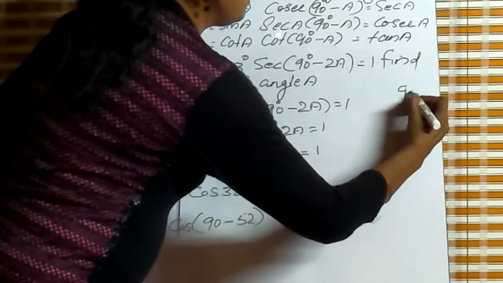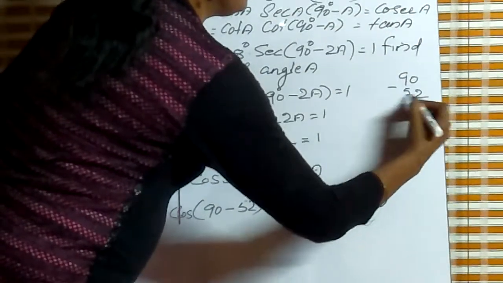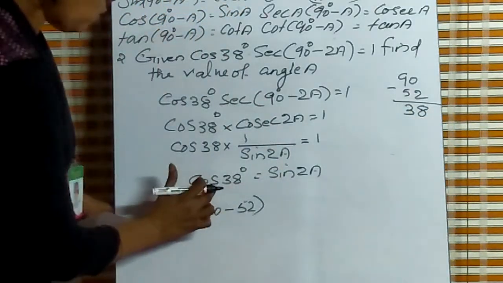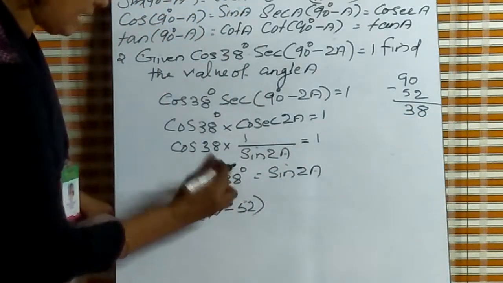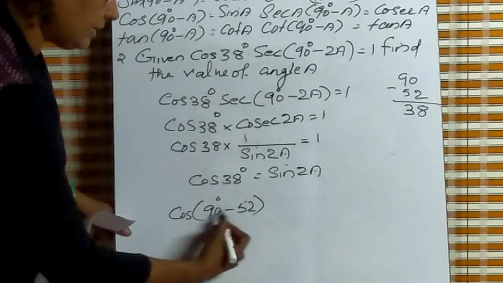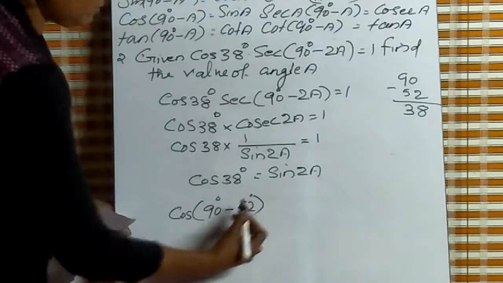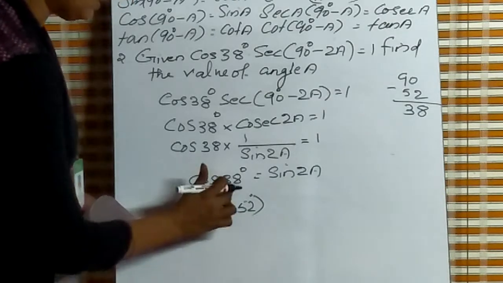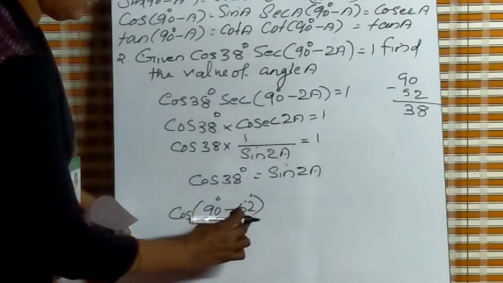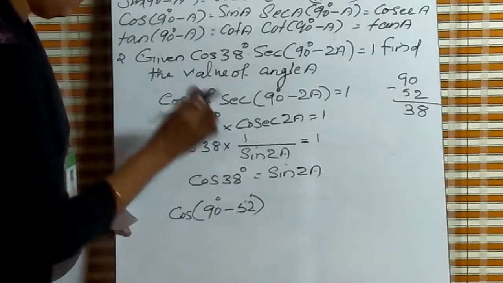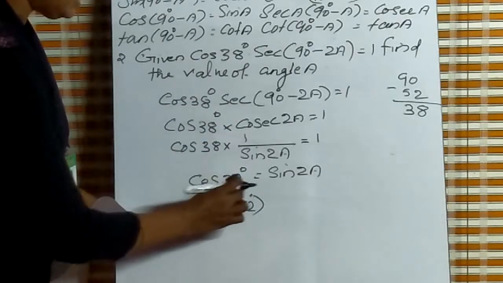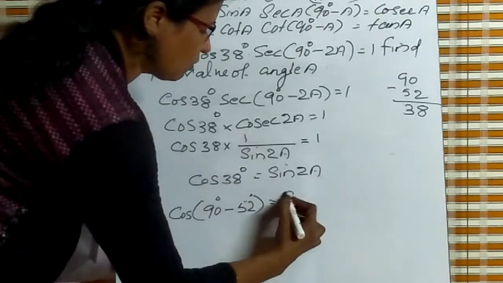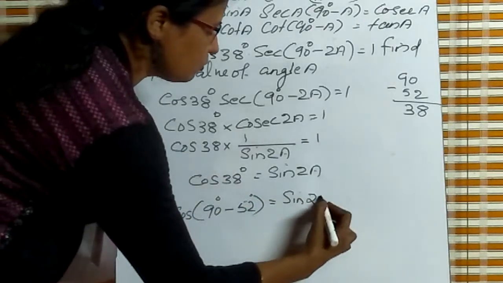What is 90 minus 52? 90 minus 52 is equal to 38. So cos 38° can be written as cos(90° − 52°) is equal to sin 2A.